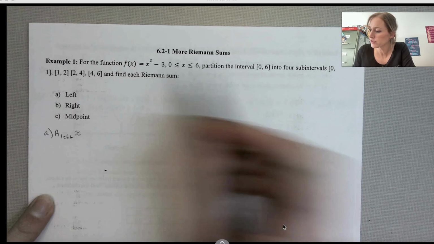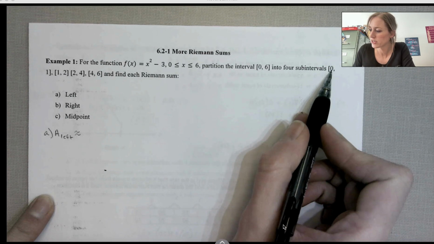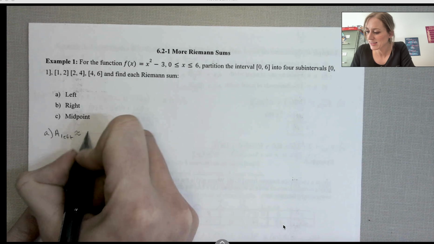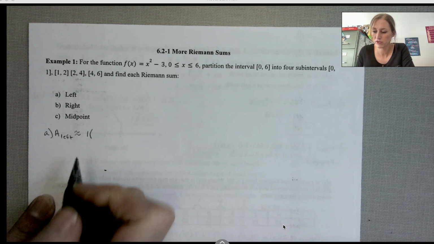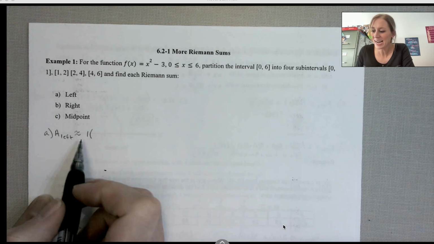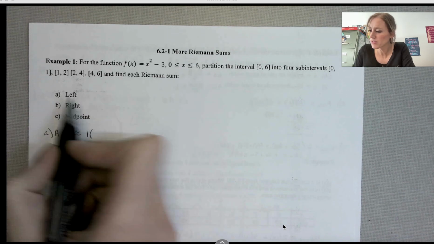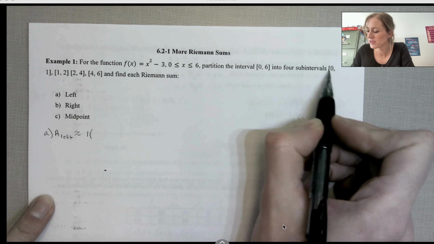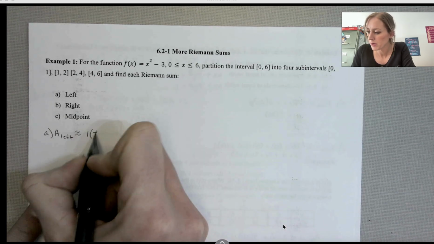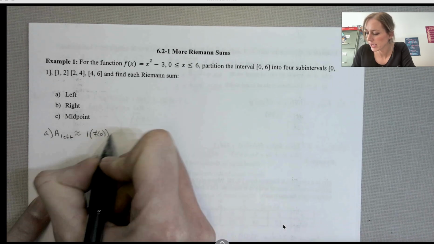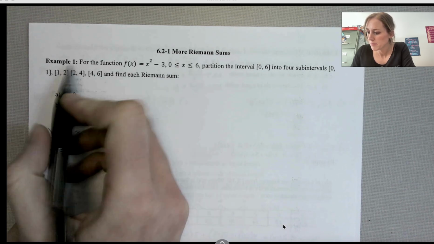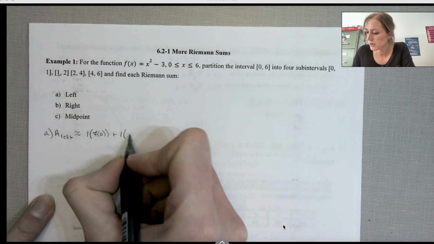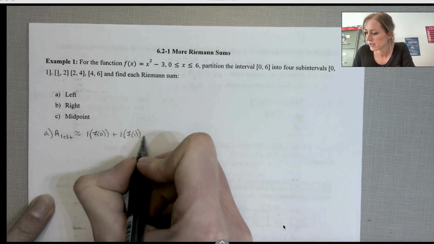So our left Riemann sum is going to give an approximate area. The first rectangle, delta x from 0 to 1, has a base of 1. That's how far apart those x values are, so my delta x is 1. And then my height: we're using the left, so I need to know the y value at 0, so f of 0. My second interval, my delta x is also 1. My left x value is 1, so we have to find the height at 1.